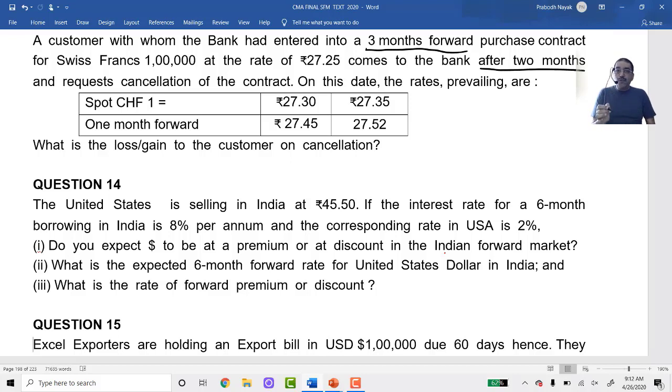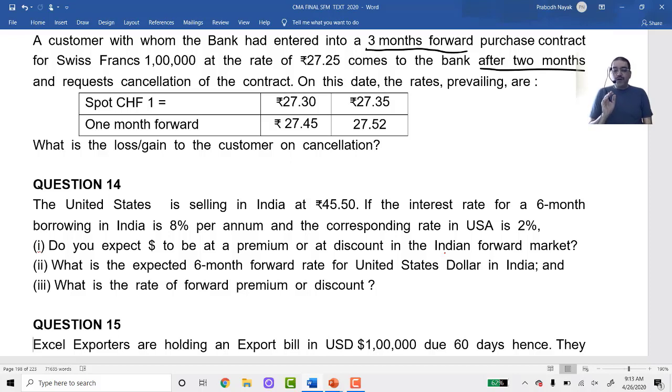That means there is still 1 more month to go for the contract. And he requests the cancellation of this contract. On this date, the rates prevailing are spot, that means after 2 months, spot rate was 27.30, 27.35, 1 month forward 27.45 and 27.52. What is the loss or gain to the customer on cancellation?